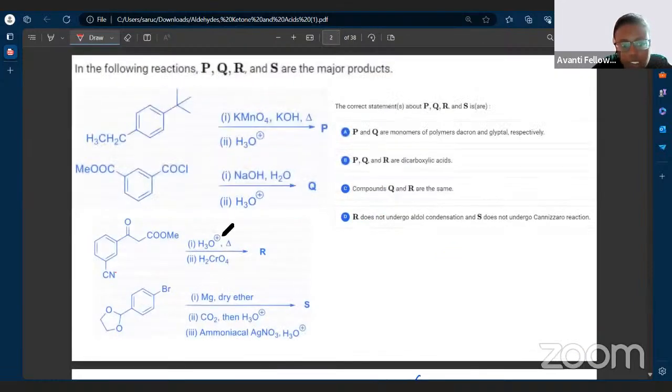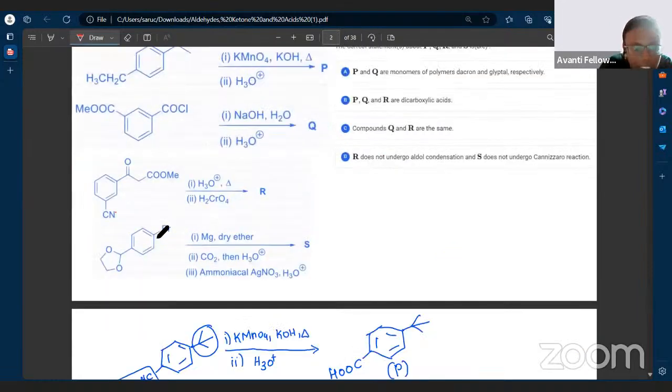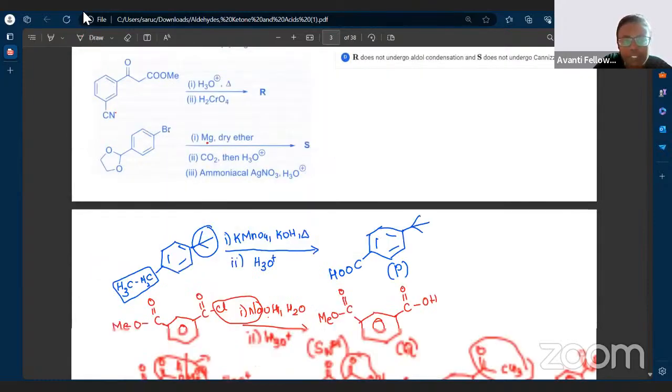The last reaction is here you have a phenyl ring where Br is attached, and here a dioxane ring is attached. You're treating it with magnesium. So when Br is there and you treat with magnesium, what product will you be getting? Halide with magnesium in presence of dry ether.